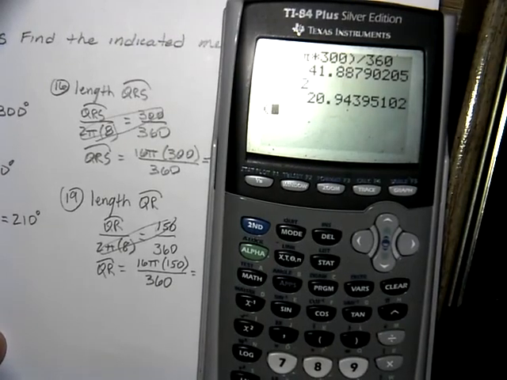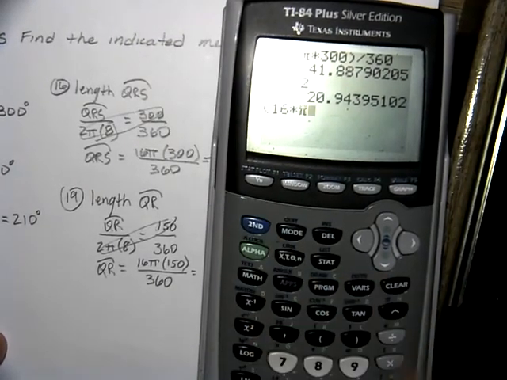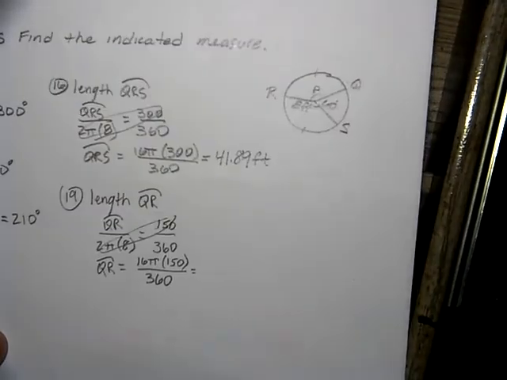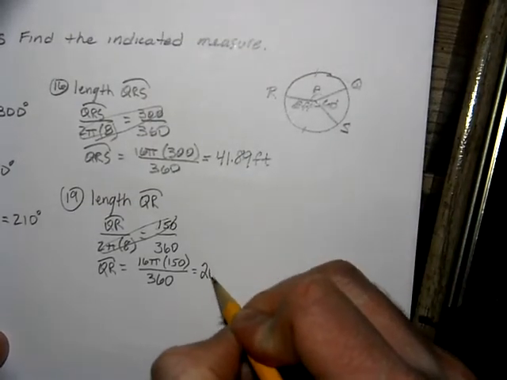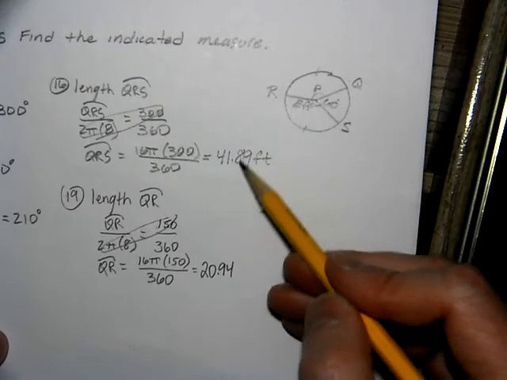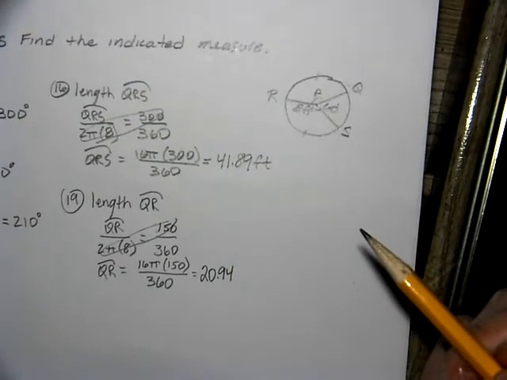But let's take our parentheses, 16 times pi times 150, and divide that by 360, and we get that 20.94. That was half of our 41.89.